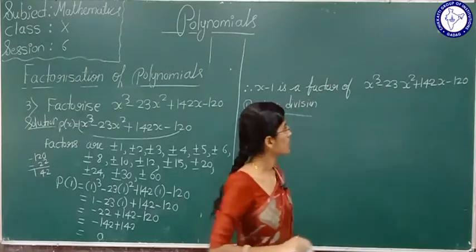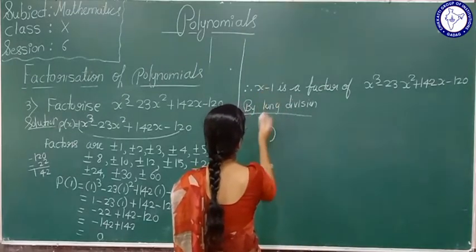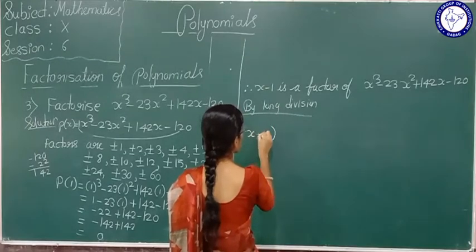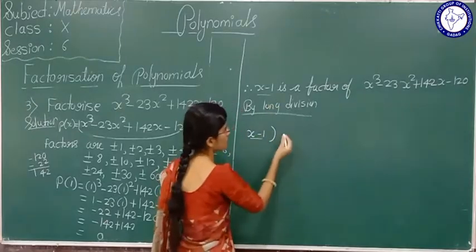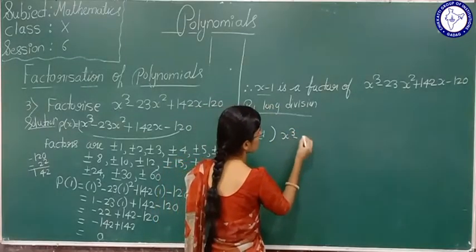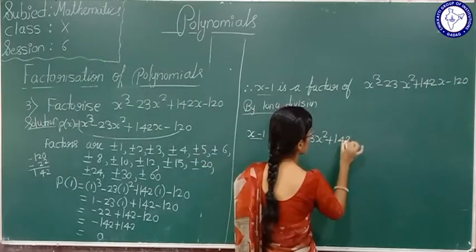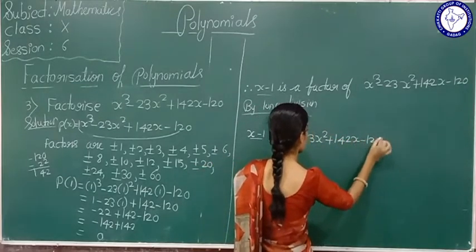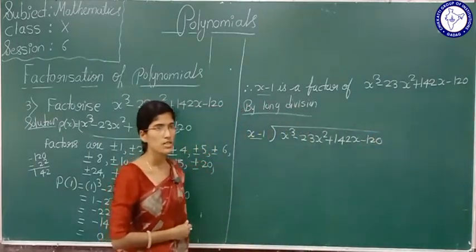Now see, by long division, x minus 1 is the divisor and x cube minus 23x square plus 142x minus 120 is what we will divide.